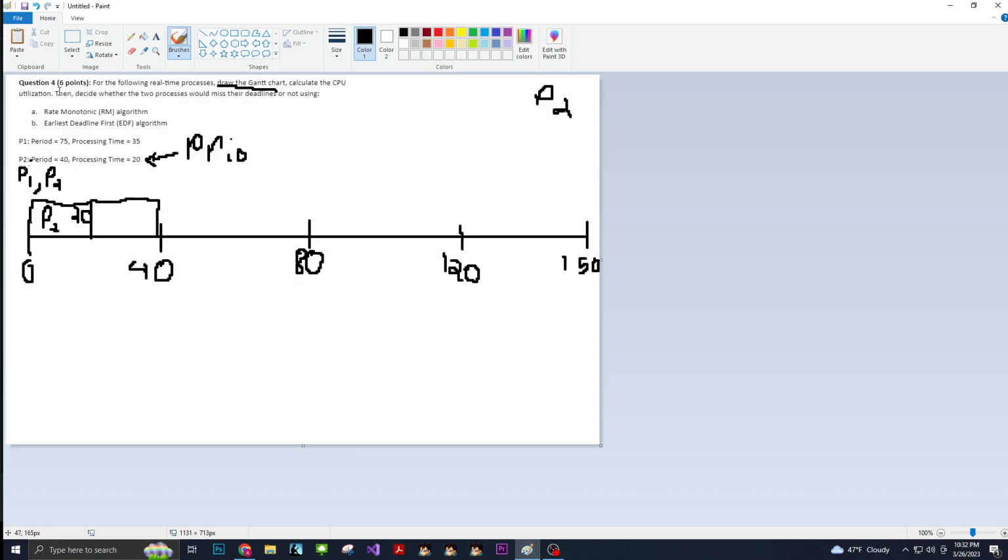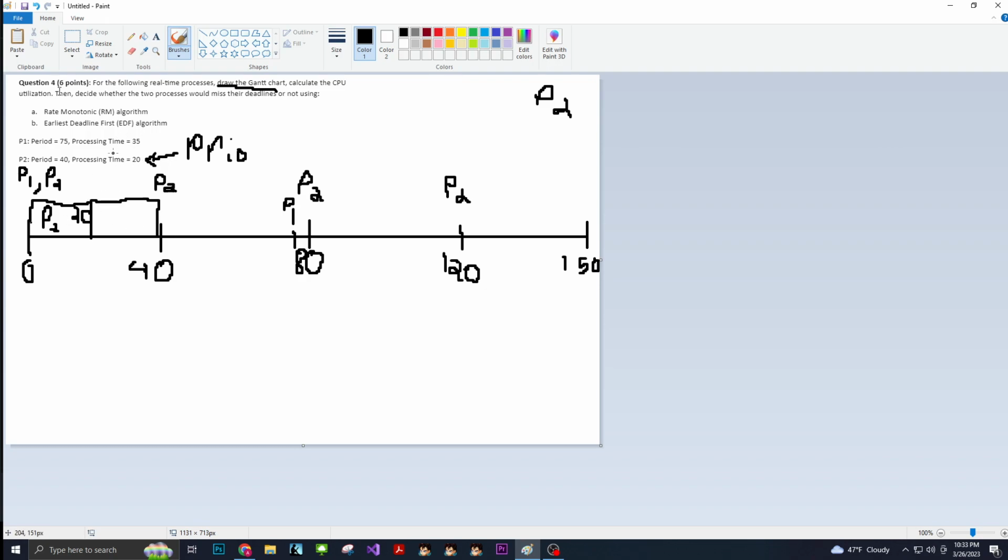It executes every 40. So that means it executes here, here, here. It executes at 160, but the period ends at 150, so we don't do that. Also with P1, P1 will execute every 75, including 0. So it'll execute here, here, and it'll also execute at the very end.